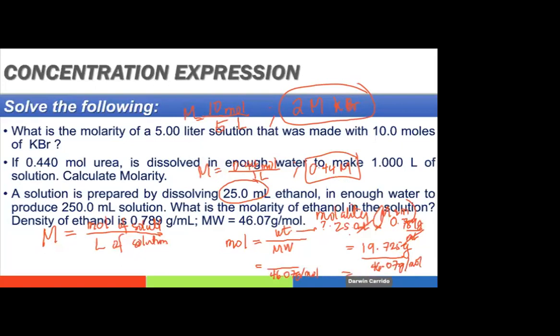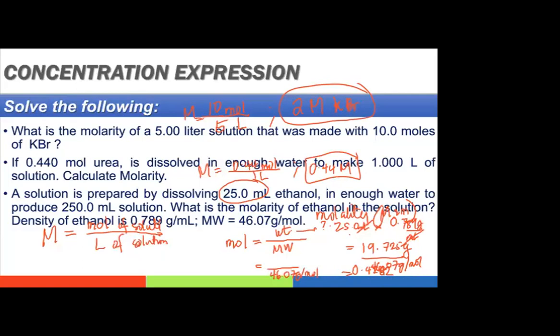Ilan? 19.725 divided by 46.07. The answer is 0.4282, kahit dalawang decimal na lang, or 0.43. 4281 sa akin. 4282 ba?